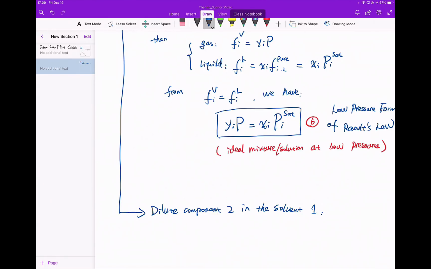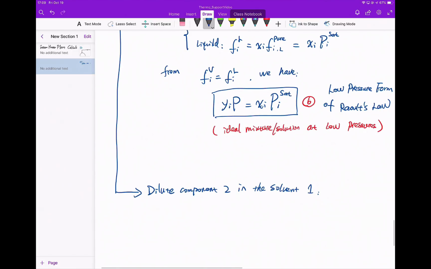We are using Taylor series expansion, and we try to pick up at x2 goes 0, and of course corresponding f2 is 0.